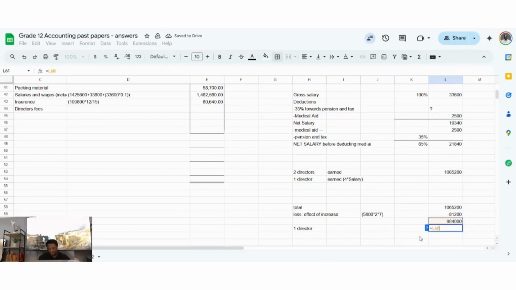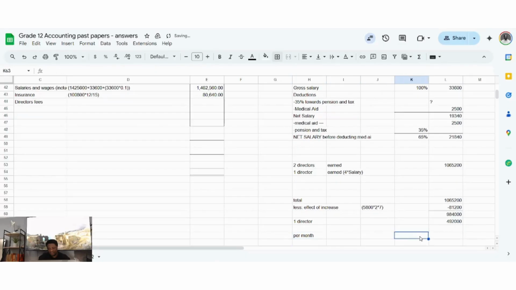So now if they earn 984,000, well, let's take one director, so one director earns half of that, right? So one director earns 984,000 divided by 2, so one director earned 492,000, and then per month, one director would have earned 492,000 divided by 12. So they would have earned 82,000 per month. Let's see, is it 82?